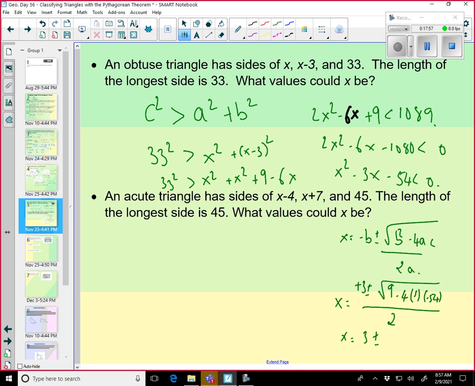Let's simplify that as well. 4 times 54 is nothing but 216. 216 plus 9 gives us 225, and square root of 225 is 15. So 3 plus or minus 15 divided by 2. 3 plus 15 will give us 18, and 18 divided by 2 is 9.